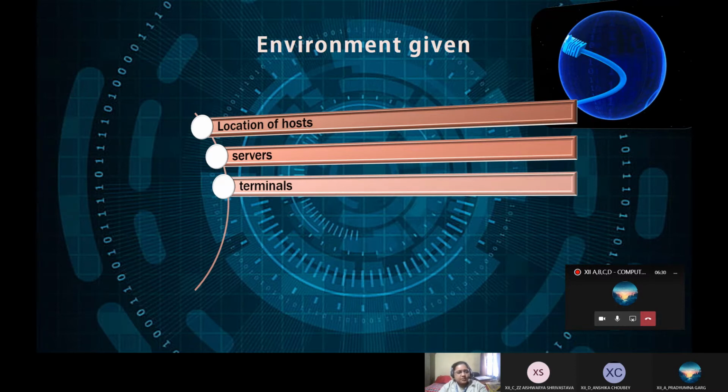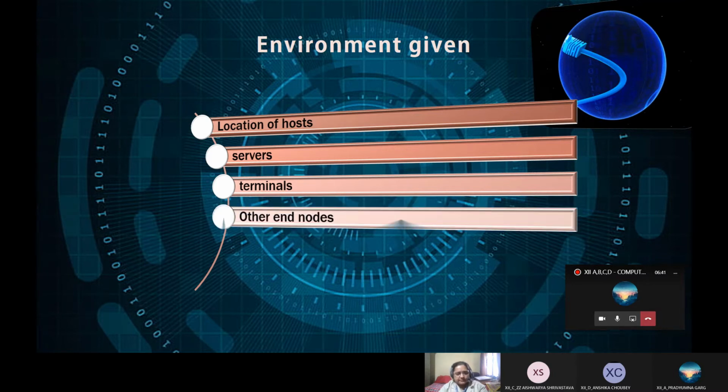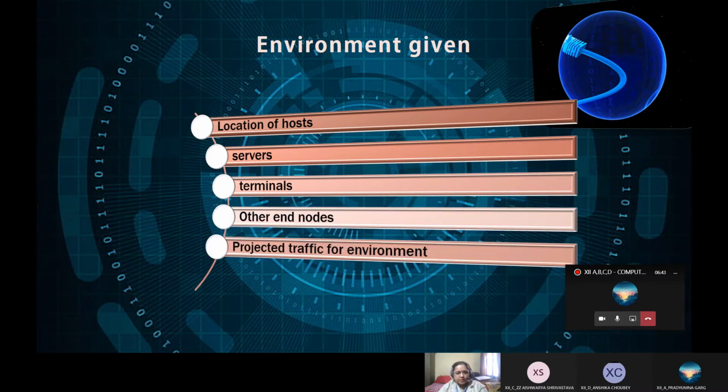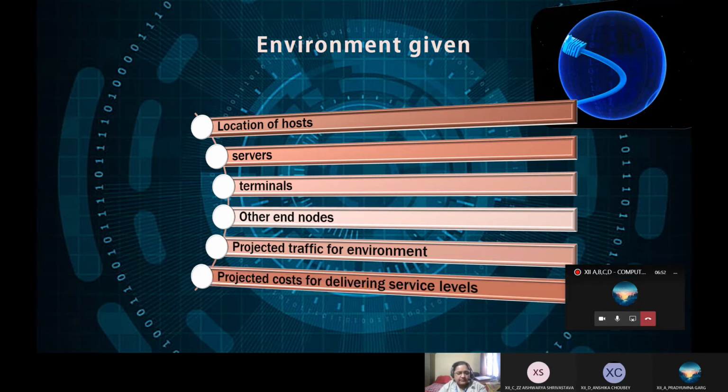Terminals, that is, suppose we are using a completely dedicated client server network where we would have one server and multiple terminals only, and other end nodes. Projected traffic for environment, that is how we have to speculate about what would be the amount of traffic in this network.